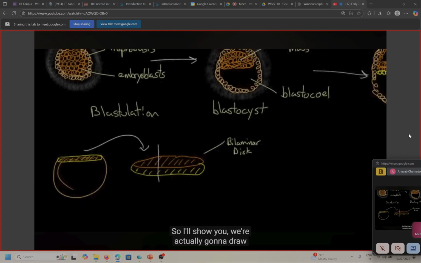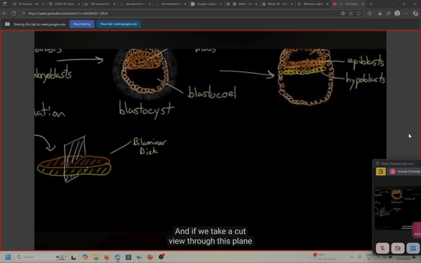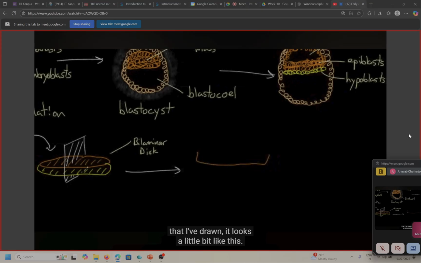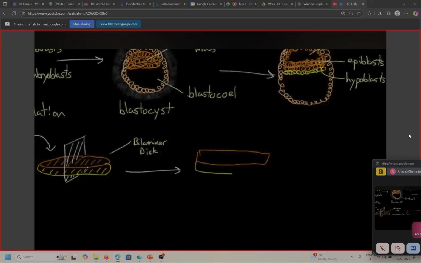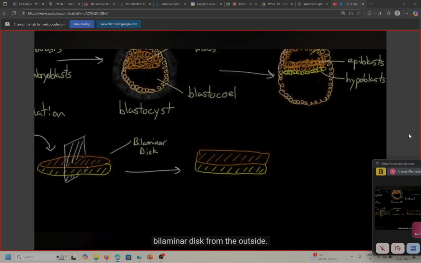And we're going to get another look at the bilaminar disc here. So I'll show you. We're actually going to draw a little plane through the disc here. And if we take a cut view through this plane that I've drawn, it looks a little bit like this. So this is still our bilaminar disc, but now we're looking at a slice through the bilaminar disc, as opposed to here where we're looking at the entire bilaminar disc from the outside.